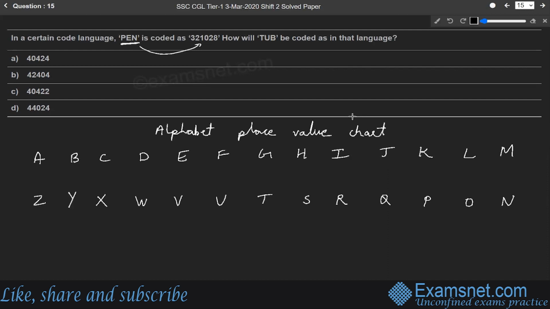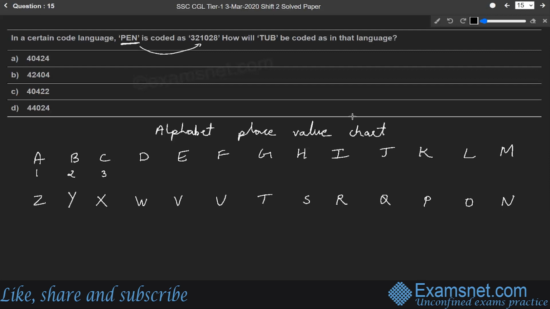Now we have to write their positional value. Positional value means the position at which A comes. So in 26 alphabets, A comes first, then B comes second, C comes third, means A comes in the first place, B comes in the second place, C comes in the third place, and so on.